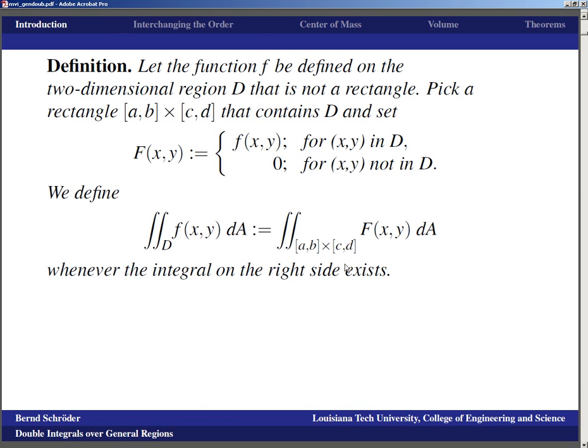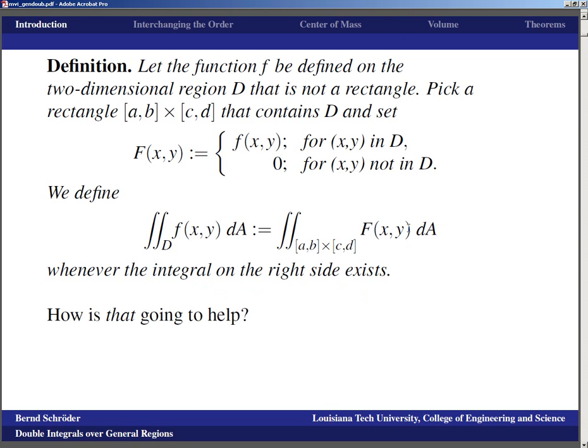Well, that's great, and that's the formal definition. And that works whenever the right-hand side exists, which is another formal can of worms that we're not going to go into. But basically, now the question is, how is that going to help?